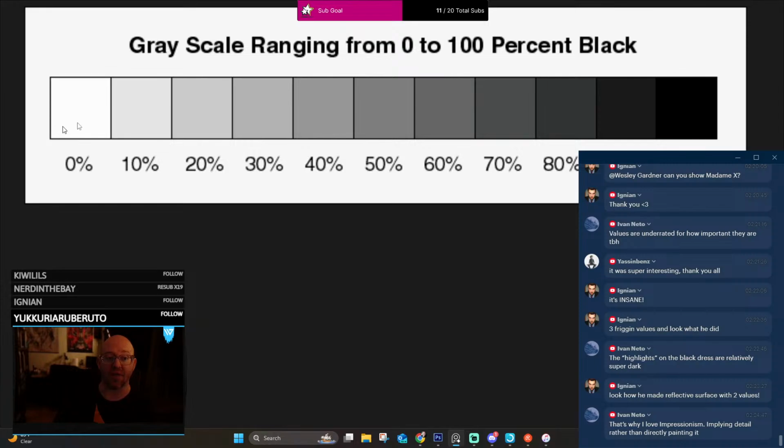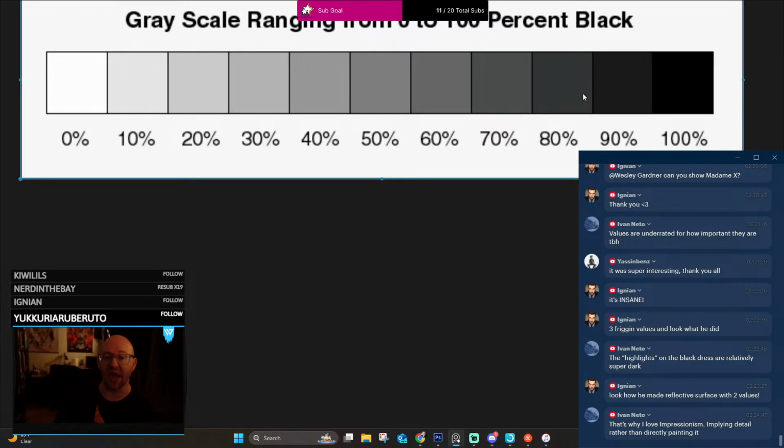High contrast means it is a further distance. Your lights could be at 10 and your darks could be at like 90. A compressed or lower contrast means there are fewer steps between your lights and your darks.